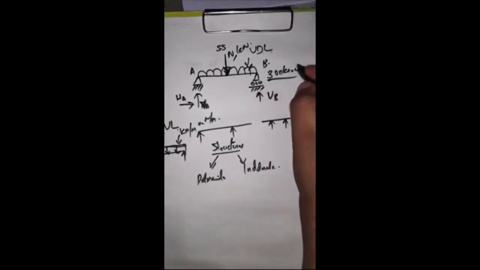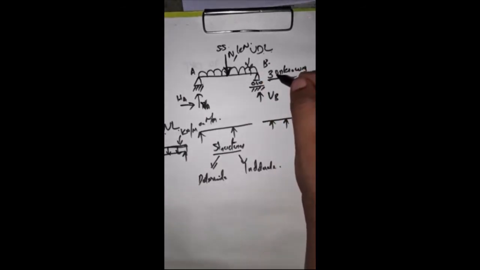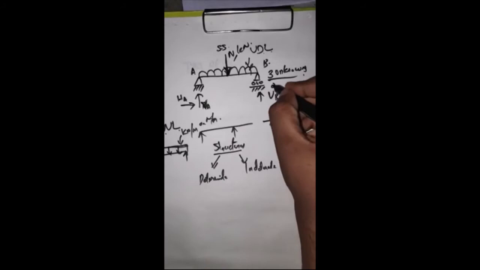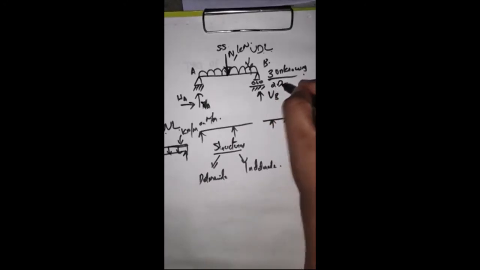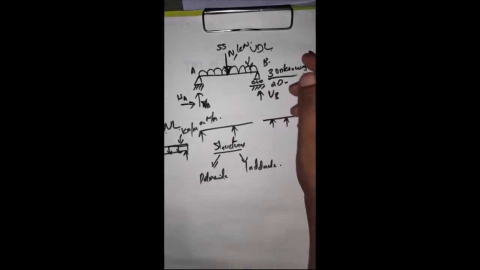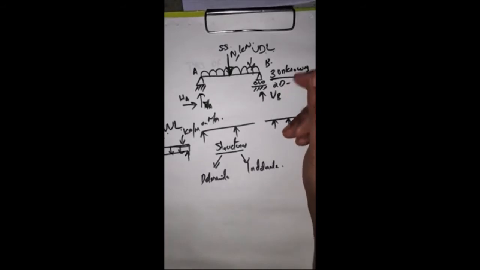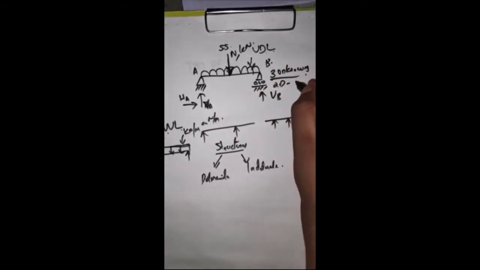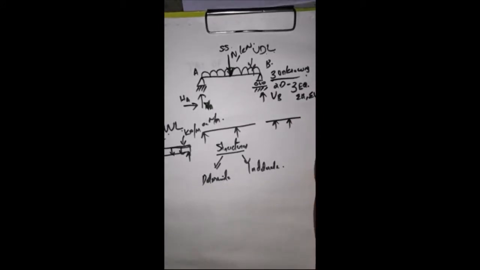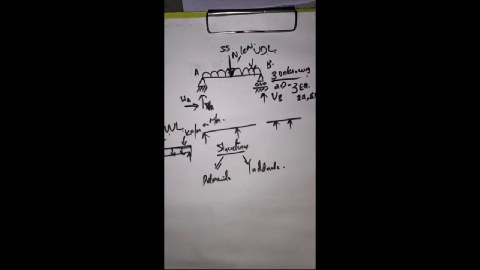Now, I have explained that in a 2-dimensional plane, we have 3 equilibrium equations. That is, sigma H is equal to 0, sigma V is equal to 0 and sigma M is equal to 0.